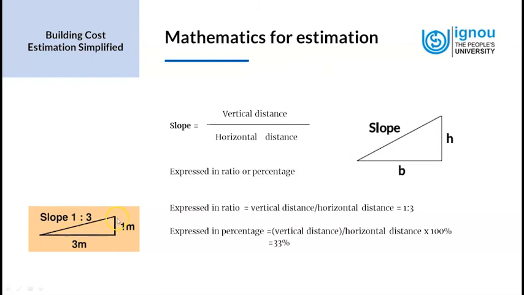When we have an example of 1 meter height and we are traveling 3 meters, the slope becomes vertical distance by horizontal distance, which is 1 by 3, and when we express it as a ratio, it is 1:3. When we want to represent it as a percentage, it becomes 1 by 3 into 100, so that becomes 33 and 1 by 3 percent.